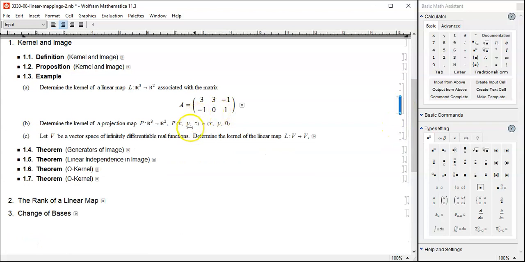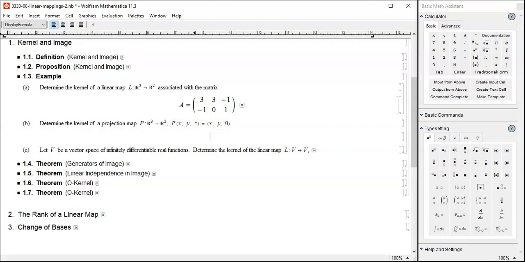The next example here, P of (x, y, z) is (x, y, 0). It's a projection map, and this is really easy.